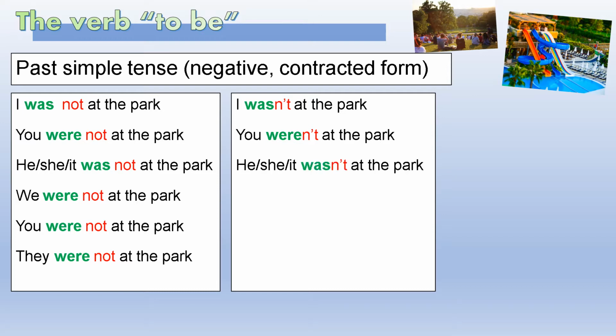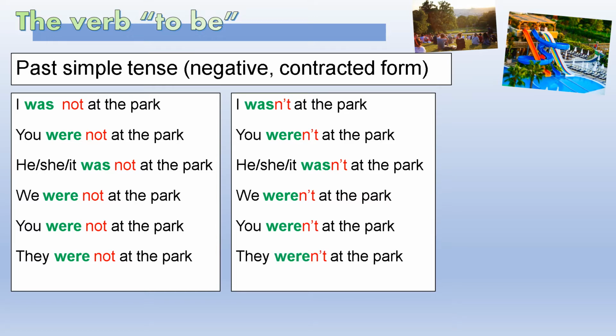He wasn't at the park. She wasn't at the park. It wasn't at the park. We weren't at the park. You weren't at the park. They weren't at the park.